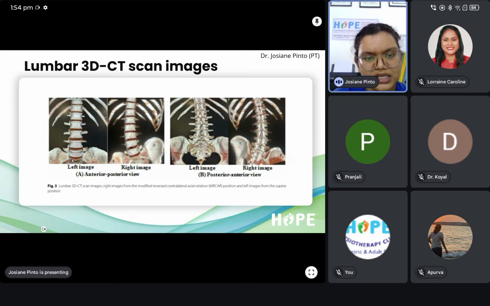You can see a difference in the disc bulge slightly. You can see reduced space here, and here a little bit. And here you can see where it is a little more neutralized slightly. The same with this image.